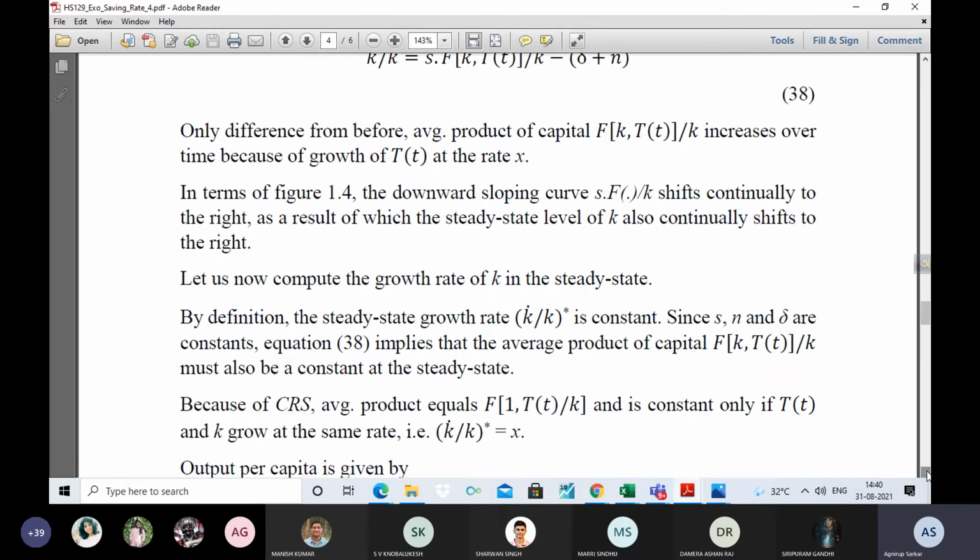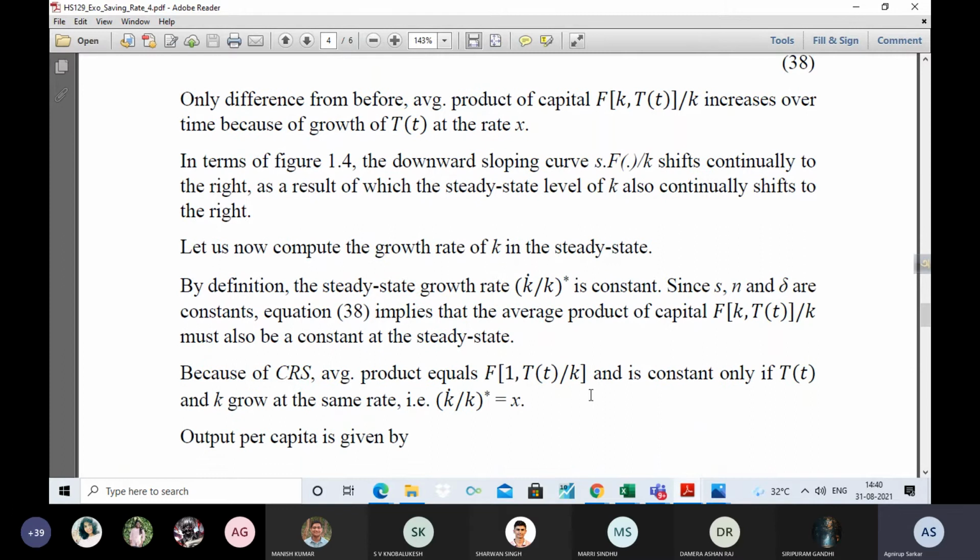Because of CRS, you can express this average product as this, so this is constant. How will that be possible? How do we get a constant average product of capital? That can happen only if T and K are growing at the same rate, right?